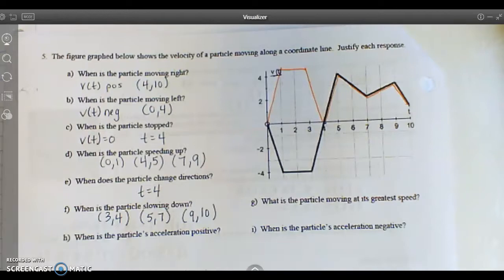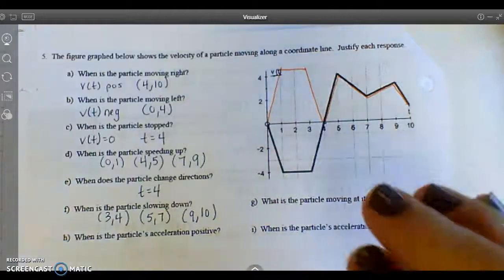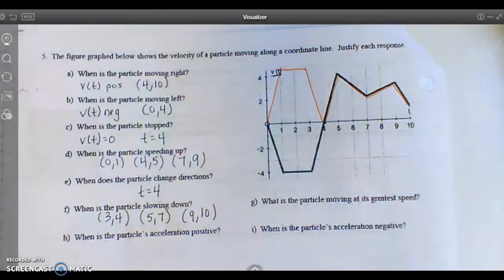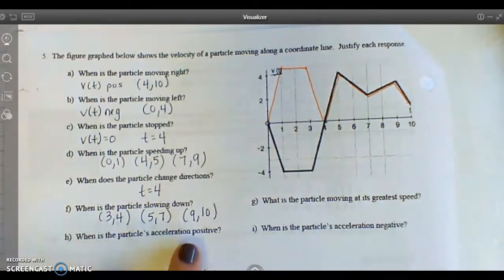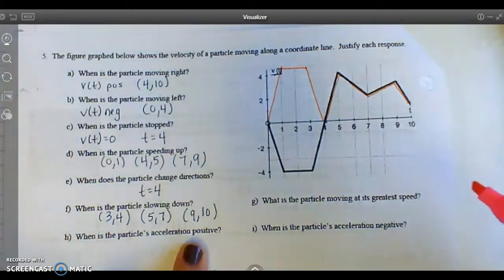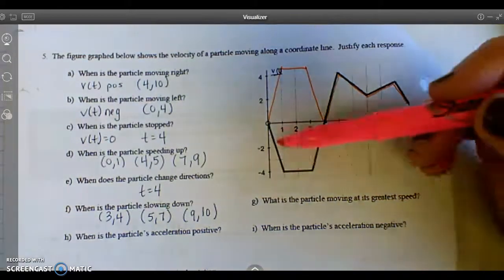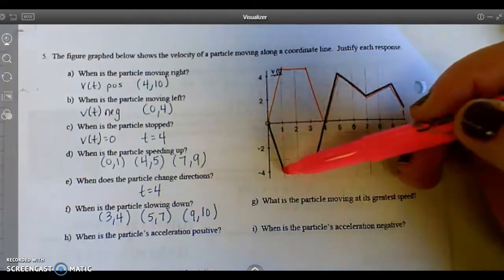Alright, next it asks about acceleration. Remember that acceleration is the second derivative. Okay, this is velocity. This is the first derivative. Acceleration would be the derivative of this graph. If I want the acceleration to be positive, that means I want this graph to have a positive slope. So the slope here is negative.